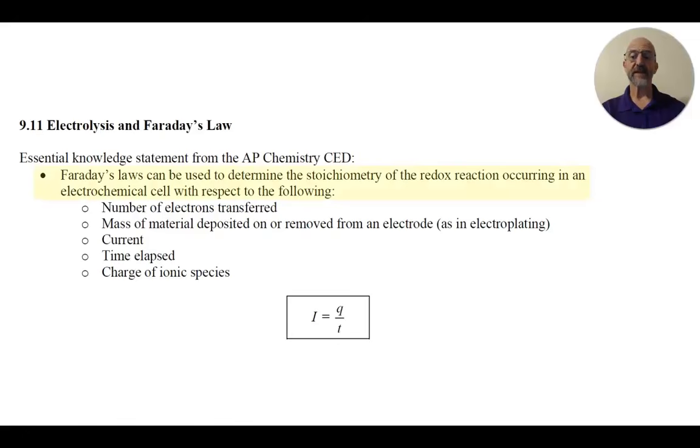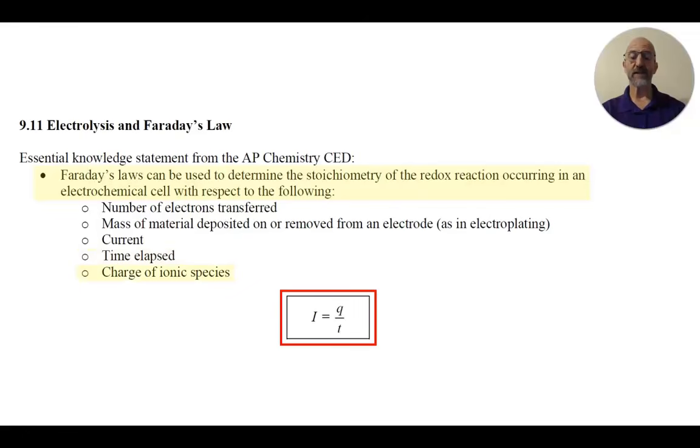Faraday's laws can be used to determine the stoichiometry of the redox reaction occurring in an electrochemical cell with respect to the following: the number of electrons transferred, the mass of material deposited on or removed from an electrode, as in electroplating, the current, the time elapsed, and the charge of ionic species.